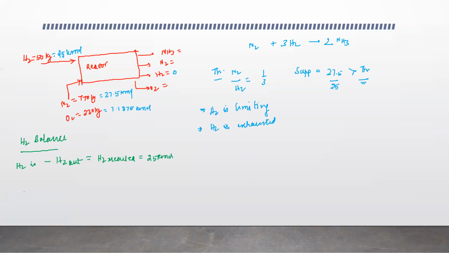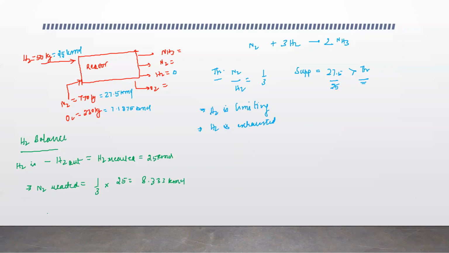Now by stoichiometry, if 1 mole of nitrogen reacts, 3 moles of hydrogen react. Therefore, nitrogen reacted is going to be 1/3 of hydrogen that has reacted, that is 1/3 of 25, so that would be 8.333 kilomoles.